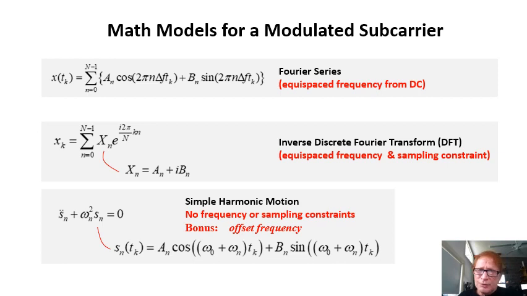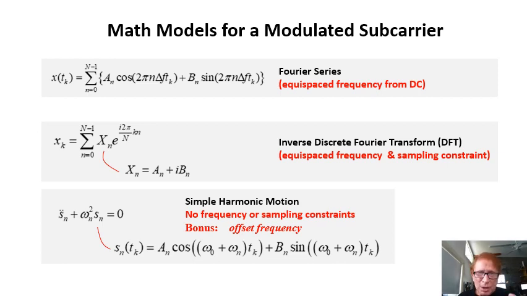At the bottom, we show the new differential equation form for the oscillating wave. The differential equation model removes all of the constraints imposed by the other models. It allows arbitrary frequency layout for the subcarriers, including non-equally spaced frequencies.